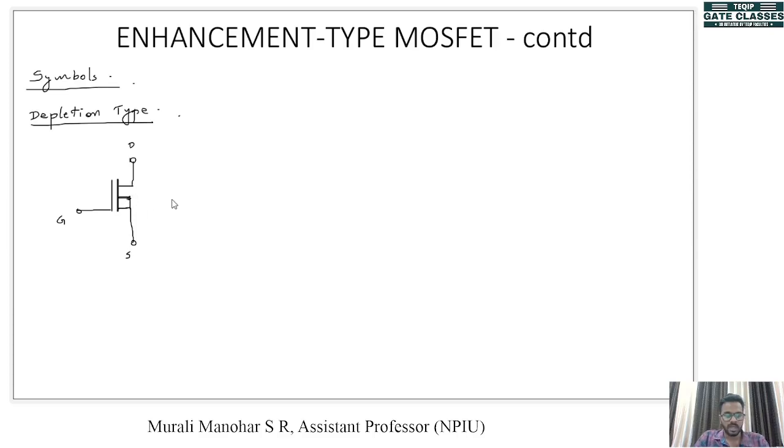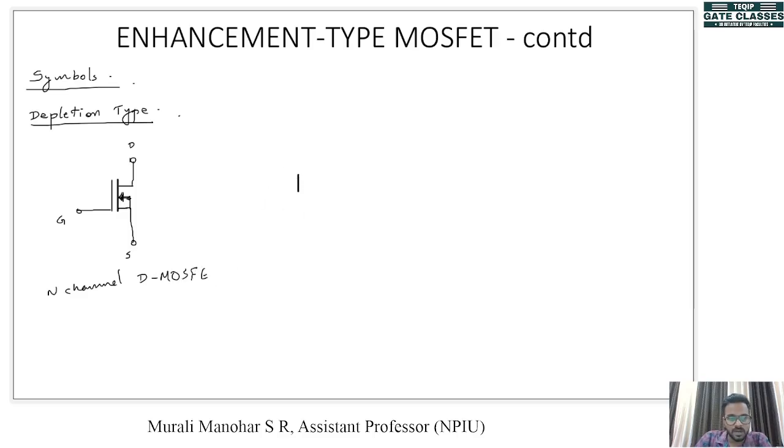Whether it is N channel or P channel is separated by this arrow. If it is an N channel MOSFET, an arrow will be going in. So this is N channel D MOSFET. D means depletion MOSFET.